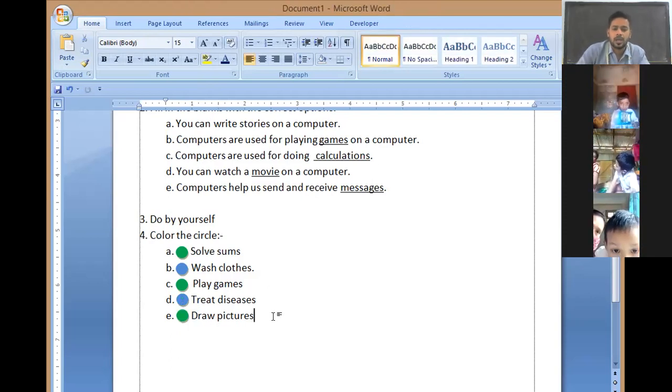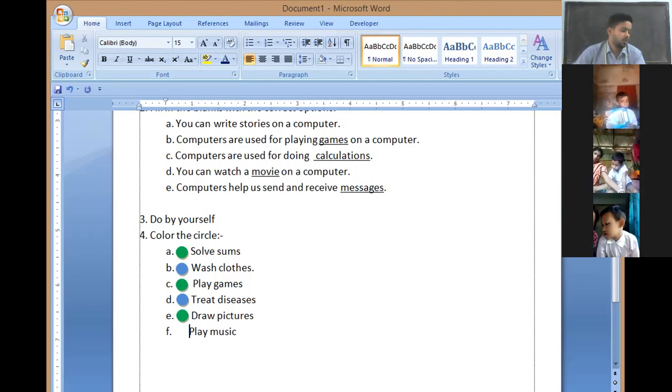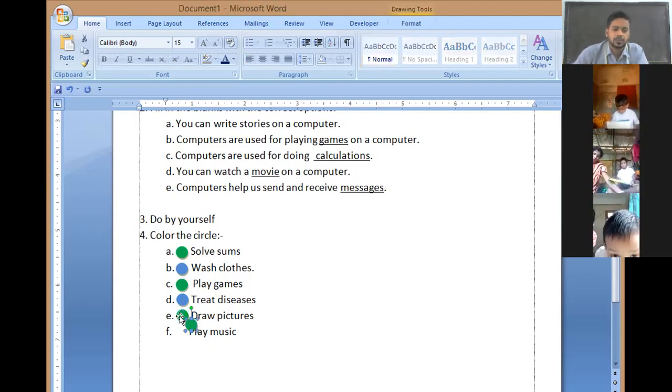After E, we have F. In F, it is written play music. Yes, with the use of a computer, we can play music. Since it is correct, we put one green box here.